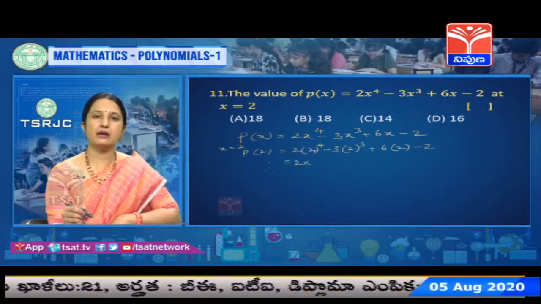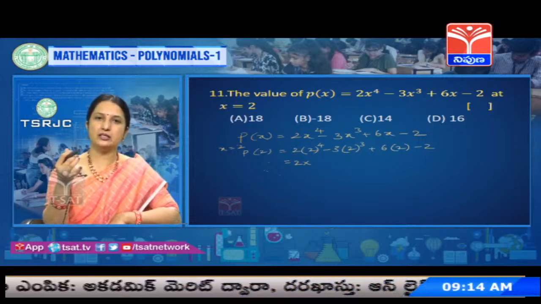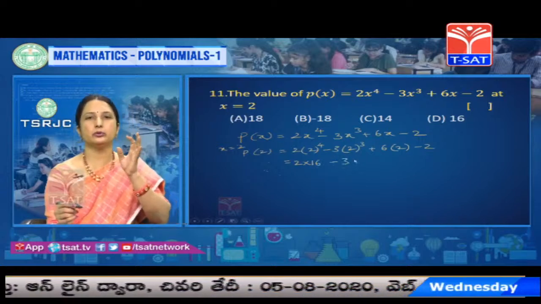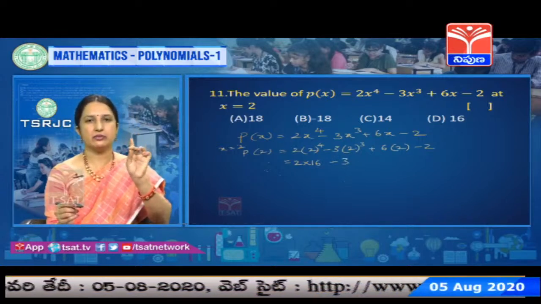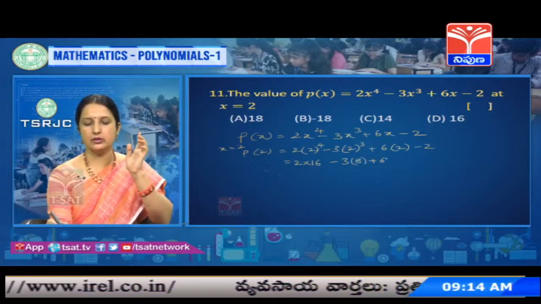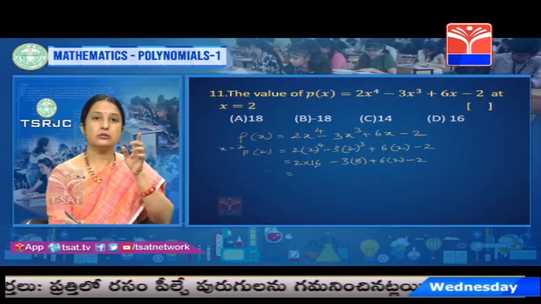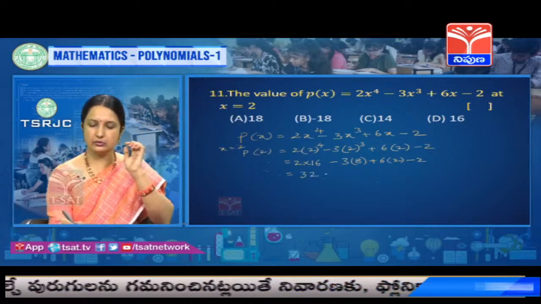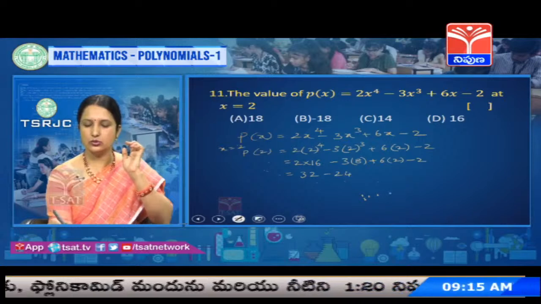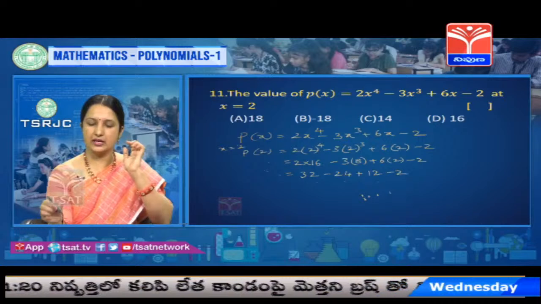2 into 2 power 4 is how much? 2 2s are 4, 4 2s are 8, 8 2s are 16. So, write here minus 3 into 2 cube. 2 cube means 2 2s are 4, 4 2s are 8, plus 6 into 2, 1 2 is 2 only, minus 2. So, 2 16s are 32, minus 8 3s 24, plus 6 2s 12, minus 2.